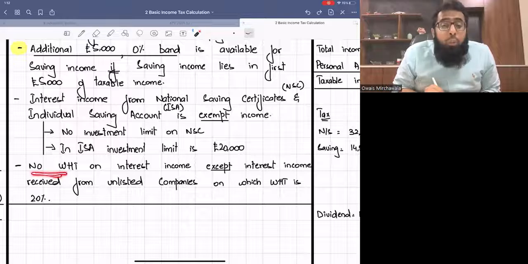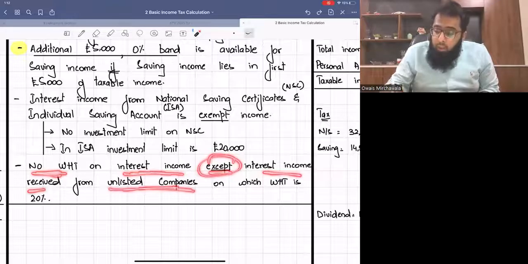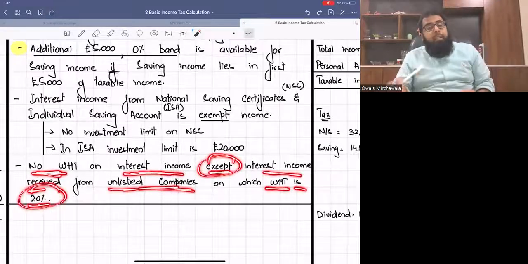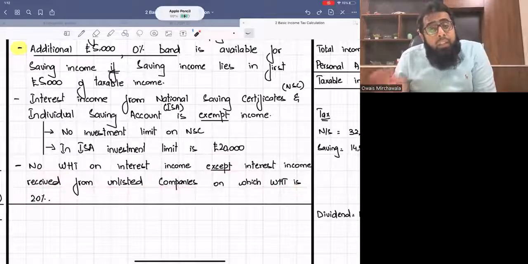Last thing, no withholding tax on interest income, except interest income received from unlisted companies, on which withholding tax is 20%. There is no advance tax on interest income.